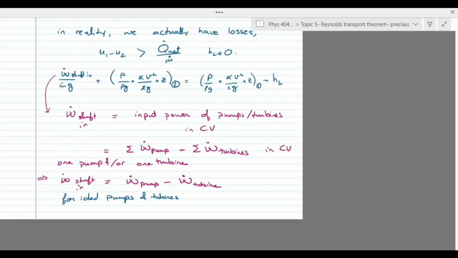But in fact, we don't really have ideal pumps and turbines. We have to consider the efficiencies of these devices, and the efficiency is going to limit our output power. So instead of just writing down W dot for the turbine or the pump that we have in our fluid, we need to account for the efficiency.